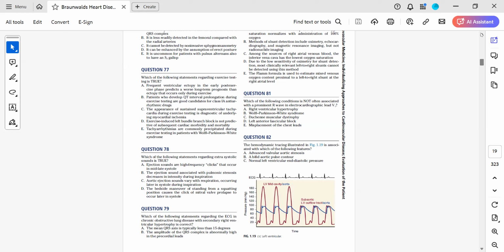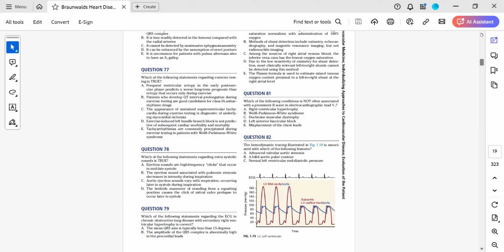Then, in cases of incorrect lead placement, normally V1 should be in the 4th intercostal space on the right. But if we push it lower down, what we call the V1 to V3 reversal, we may start getting a high amplitude R wave on that V1 lead.